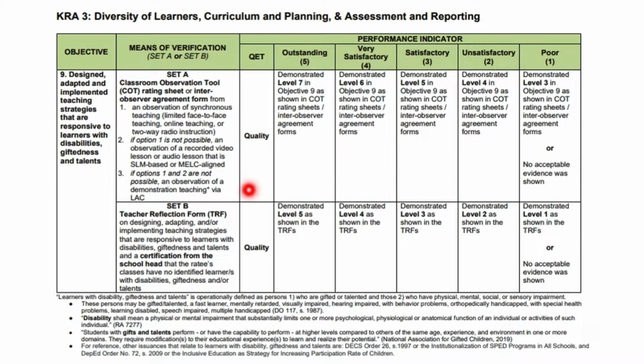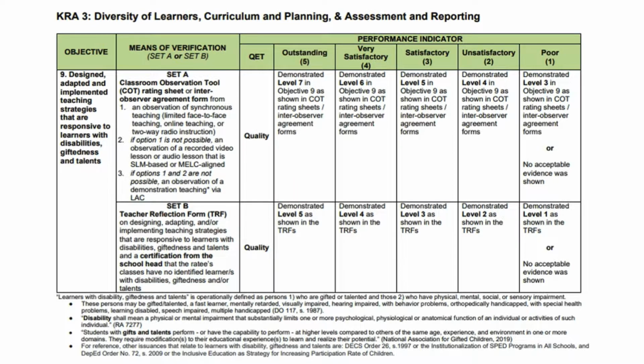For example, sa teacher's reflection form, dapat hindi lang basta-basta na sasabihin natin na ganito yung strategy natin. So, dapat let us all be specific kung ano yung mga strategies, step by step, kung paano natin matutulungan yung ating learners with disabilities or with giftedness.